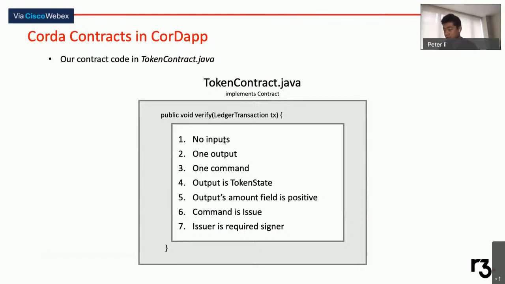In a real production program, you can have as many outputs as you want, but for the sake of simplicity, we're just going to do one output. And the third one is one command, output the token state. We're going to go deeper on this one in the code. So let's switch to the online IDE.